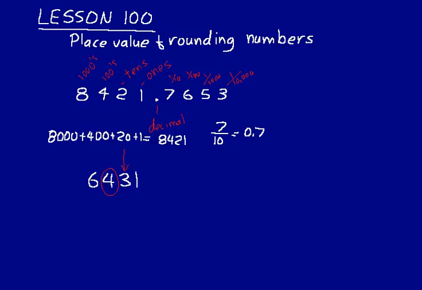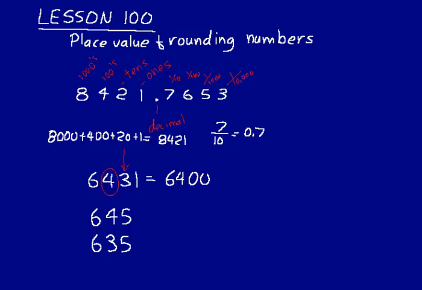If it's less than 5, then we leave that circled digit alone. And so we're rounding to that nearest hundreds place, and so our answer there, since the number with the arrow over it is a 3, it's less than 5, we would just say 6,400.